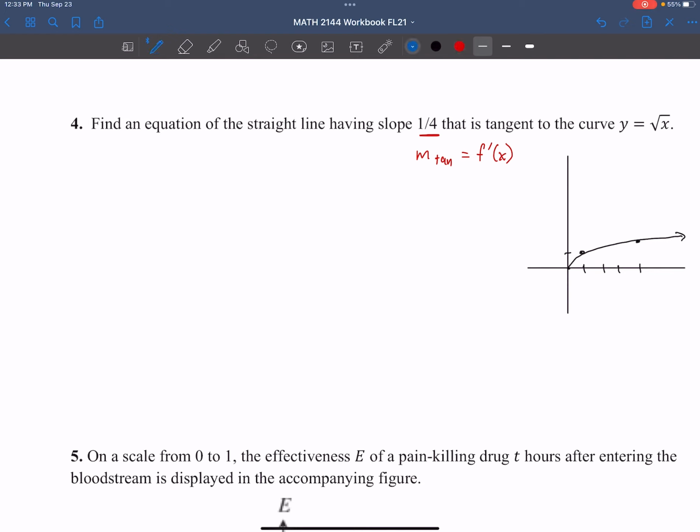Let me cut out the middle work a little bit. Let's just say I did this and the derivative is equal to 1 over 2 square root of x. So that is the derivative.